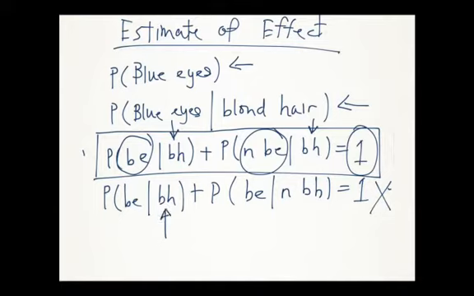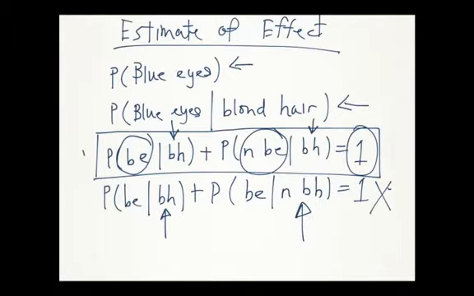Blonde hair in the first example and not blonde hair in the second. So these things don't necessarily need to add up to 1. But the first one does need to add up to 1 because we've conditioned on the same thing, which is having blonde hair.